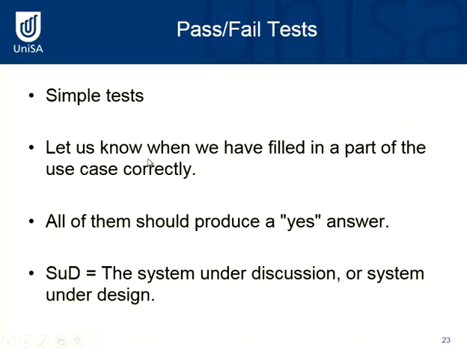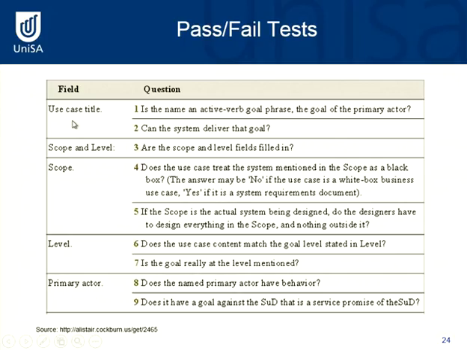So you need to be able to think about filling in the parts of the use case correctly. And by answering these simple tests, the answer should produce a yes answer. So the use case title, for example: is the name an active verb goal phrase, the goal of the primary actor? Can the system deliver that goal? If the answer to those is yes, then the use case title is fine.